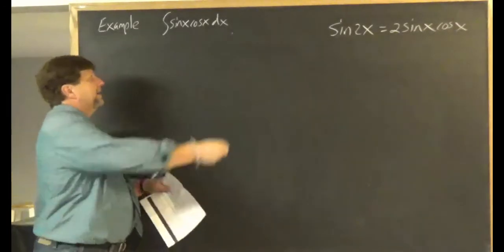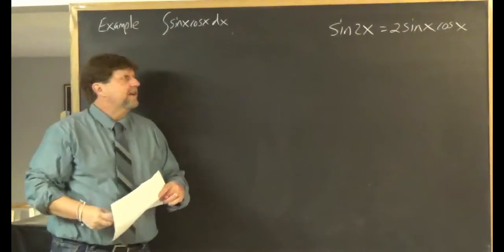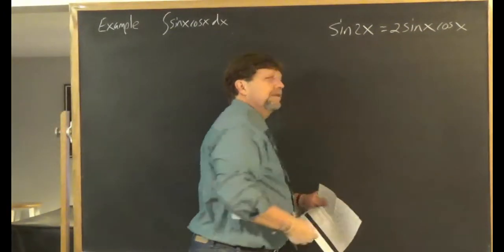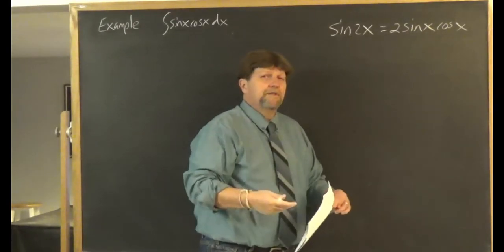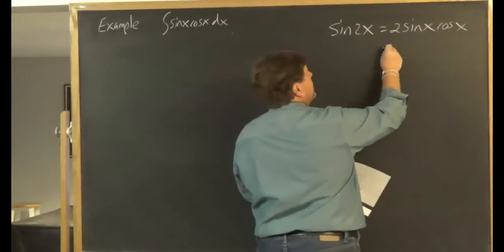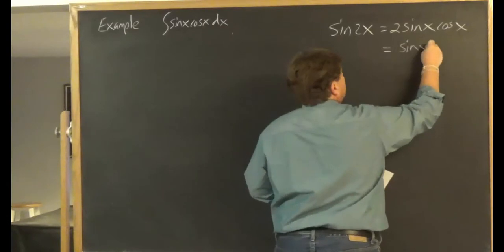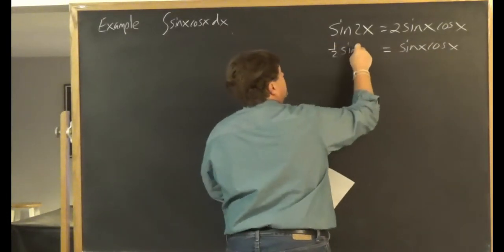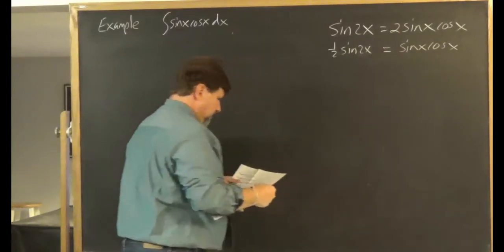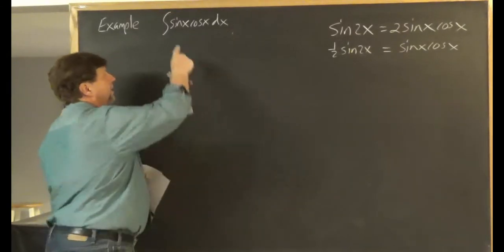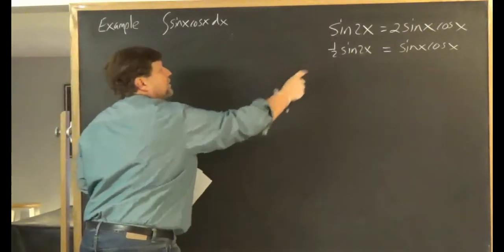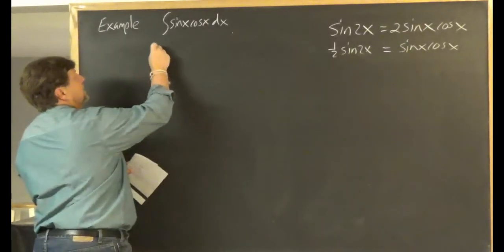I said, well, wait a minute. This isn't a 2 sine x cosine x. It's just sine x cosine x. This is an equation, folks. You could divide both sides of that equation by 2 to get a 1/2 sine 2x. So you could put, for sine x cosine x, 1/2 sine 2x.